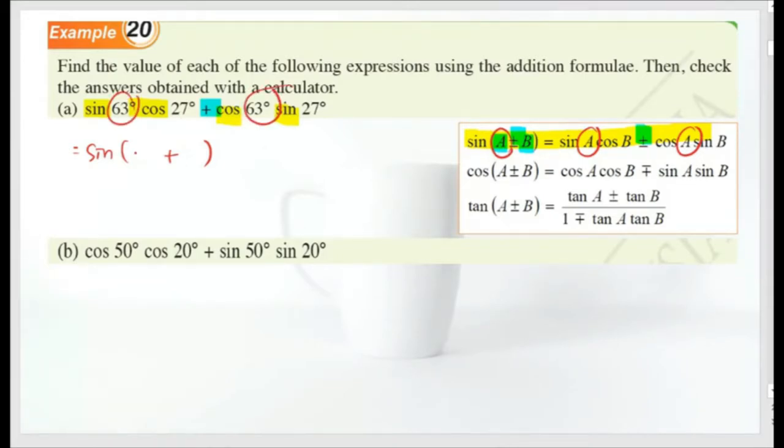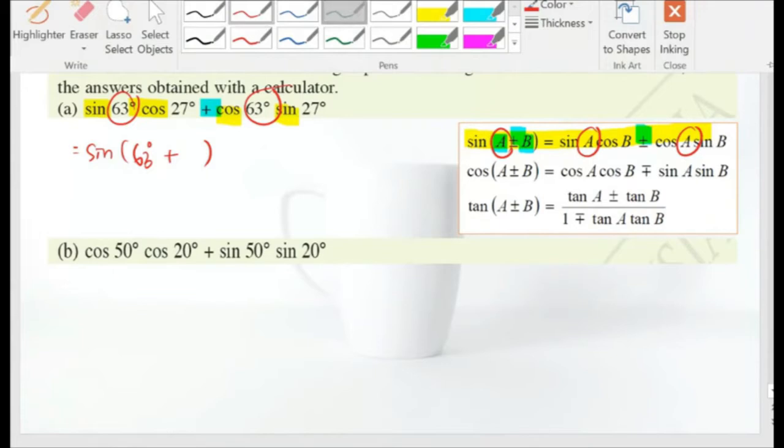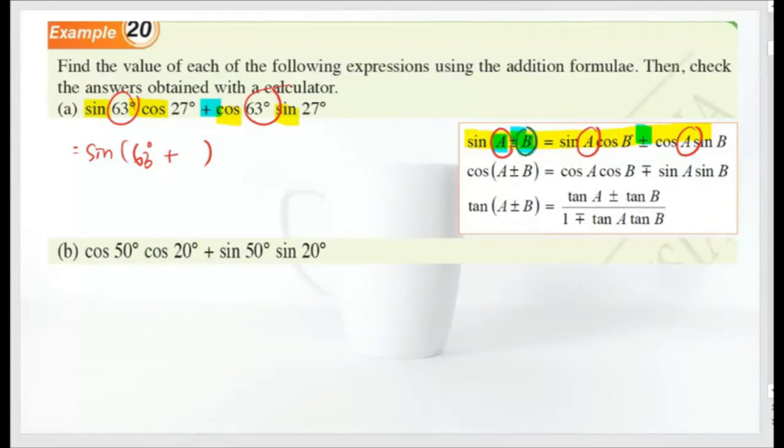Okay, so it's sine 63 degree plus B, the bottom one. So it's sine 63 degree plus 27 degree.